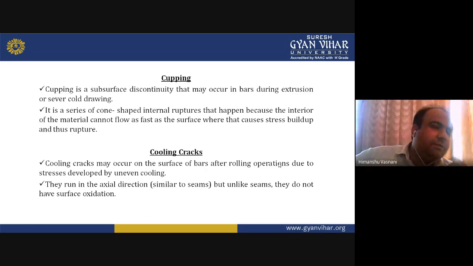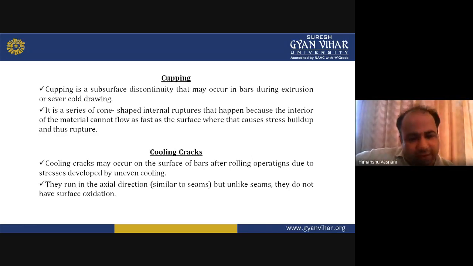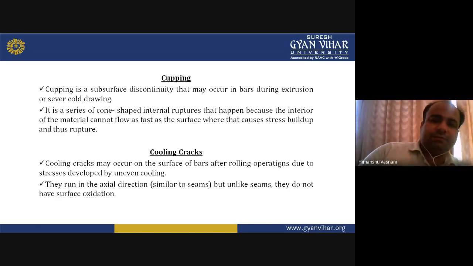Why? Because the upper surface is getting cool, but the inner is not getting cool at the same time. It needs some time. So if the inner surface is not cool and we go with another operation, then automatically the cooling cracks will occur on the bar.